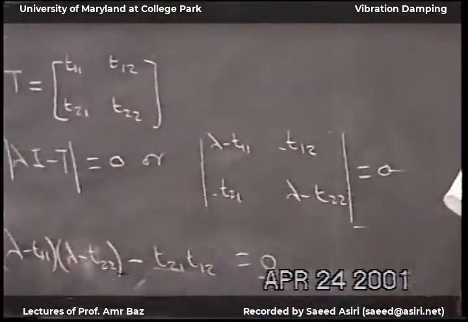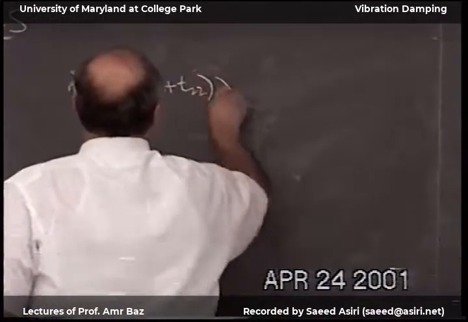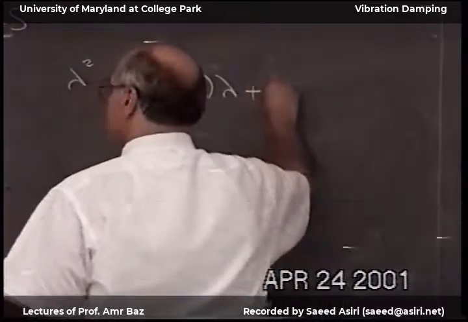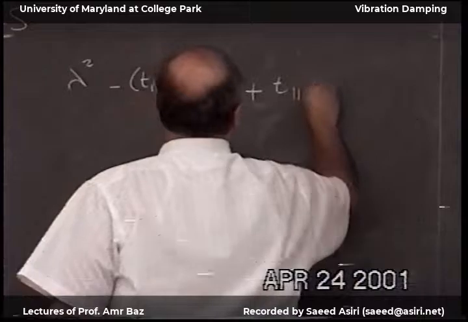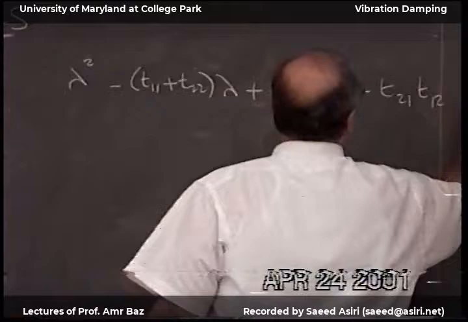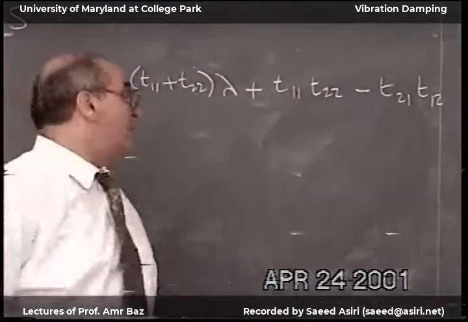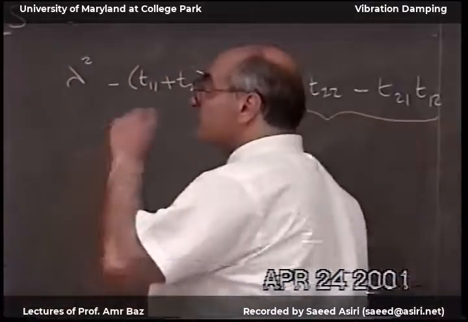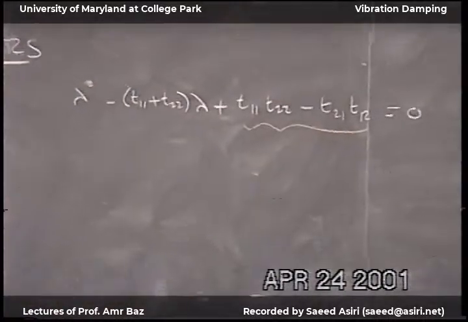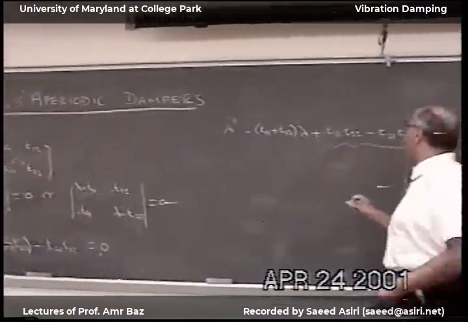So we have minus T11 plus T22, lambda, and then plus T11, T22 minus T21, T12 is equal to 0. Now if we look at this last group of terms, it is this times this minus this times this, which is the determinant, which is 1.